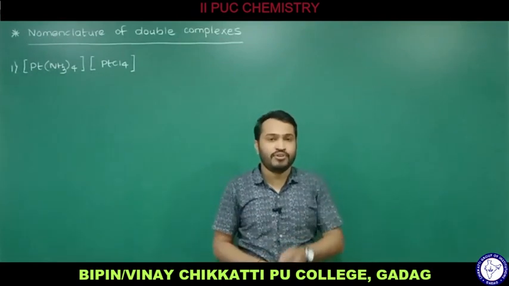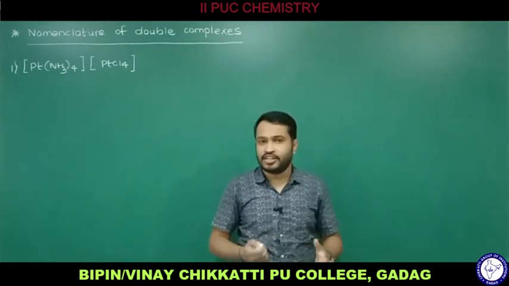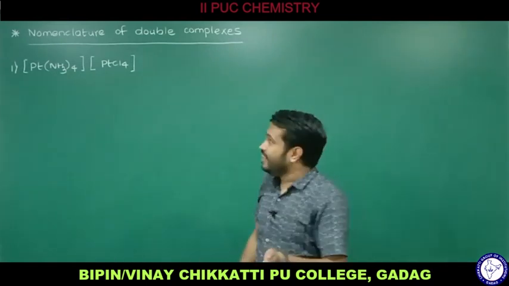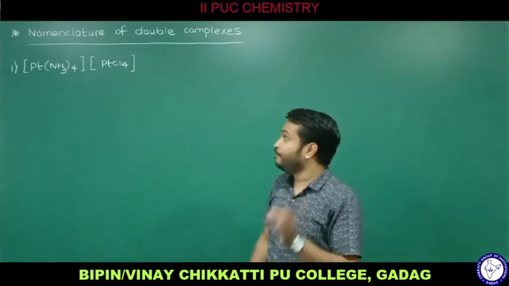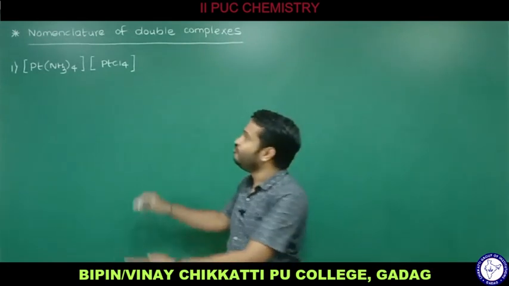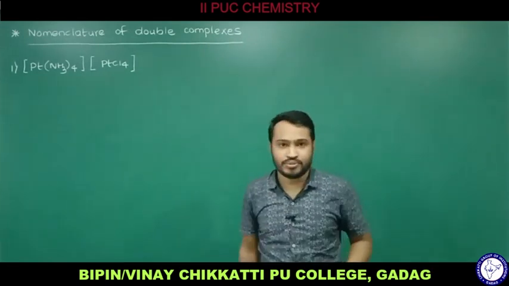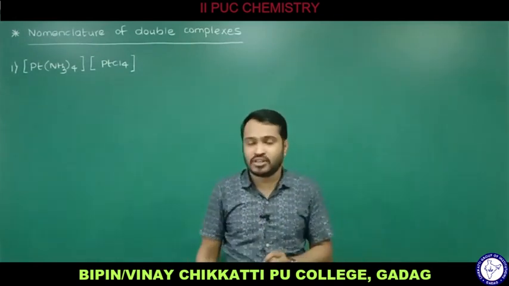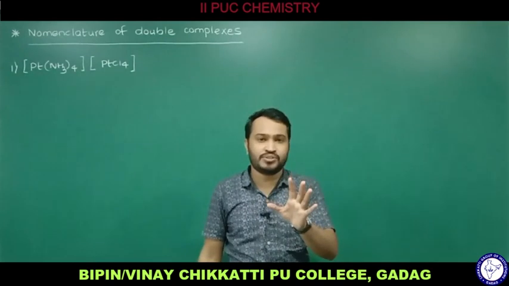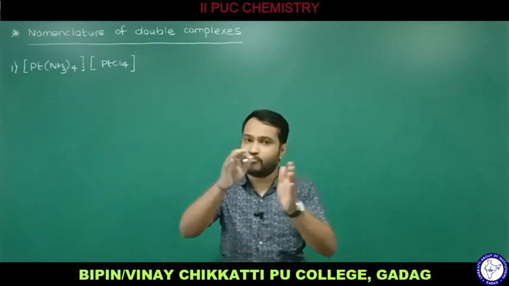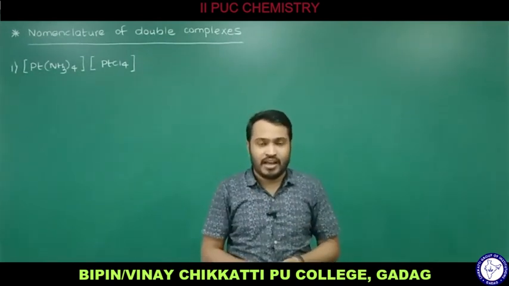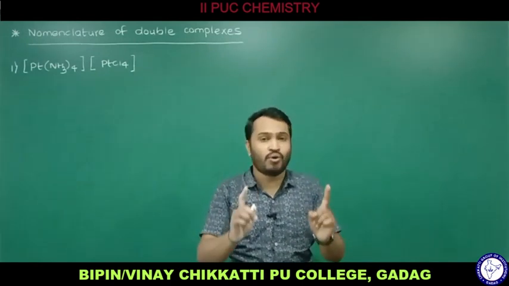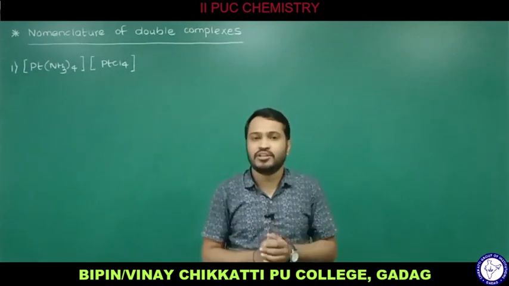Next level of nomenclature of coordination compounds. Observe the example I have written here: [Pt(NH3)4][PtCl4]. Now we'll name this compound. Till now we studied many examples, and in some we have a coordination sphere with counter ions, and in some we have seen only one coordination sphere with some particular charge.